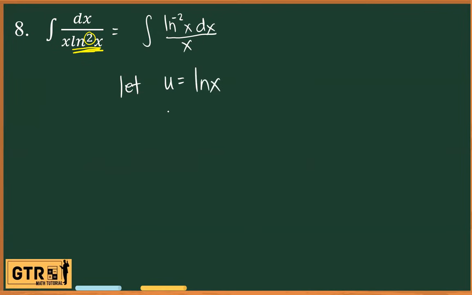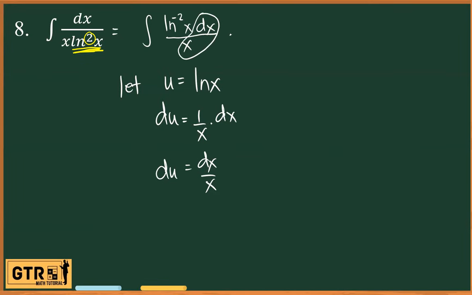So the differential of ln x is 1 over x times dx. So du is dx over x, which is this term, dx over x.